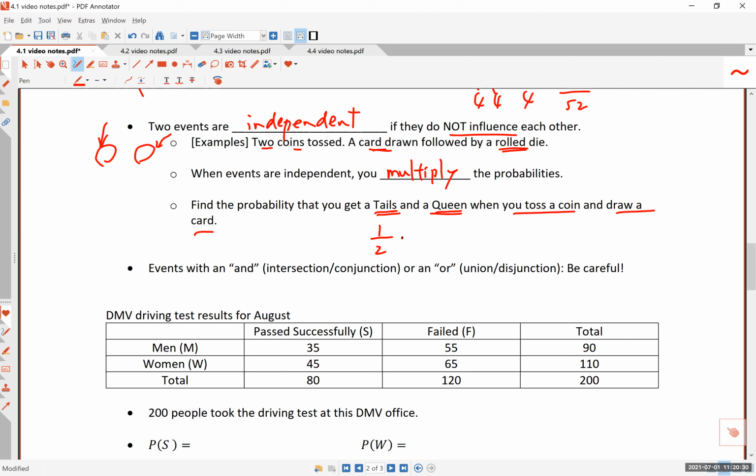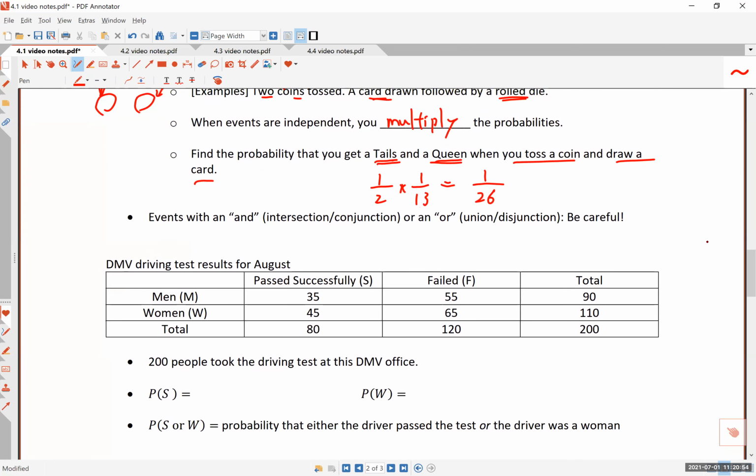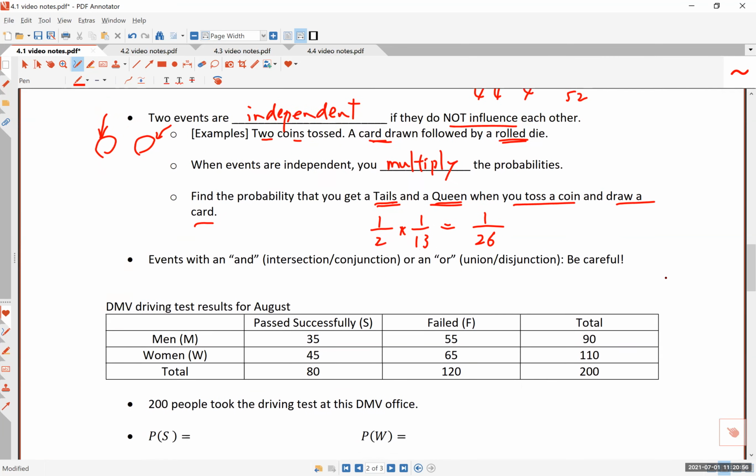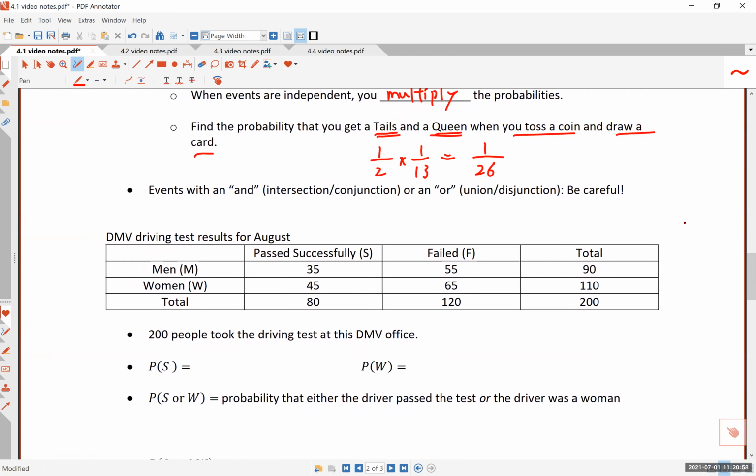And the probability that you get a queen is, remember, this was 1/4, right? Because it's, well, you can say it's 4 out of, oh, no, that's not queen. All right, the probability of getting a queen is 4 out of 52. That's 1 out of 13. All right, so the answer is 1 out of 26. You just multiply the 2 fractions and you get that. So that's not hard if you happen to know that 2 events are independent of each other.